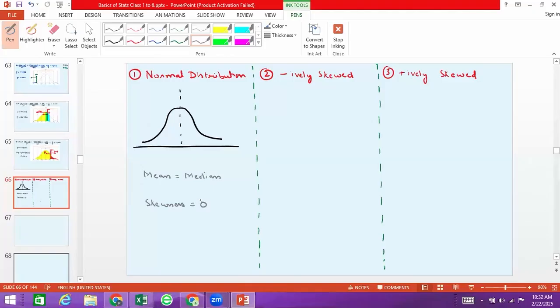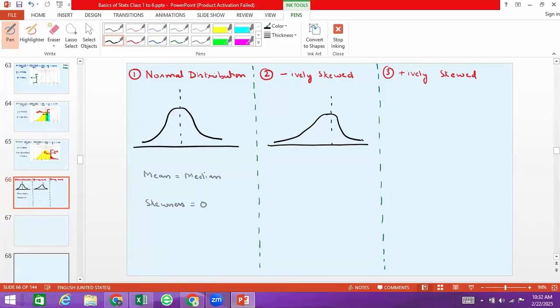Okay, so the second possibility is that the data may be a little bit more skewed towards the negative side, like something like this, and on the positive side it is like this.